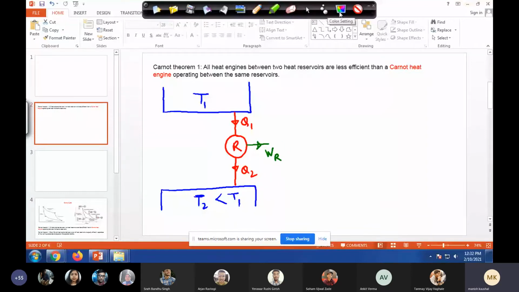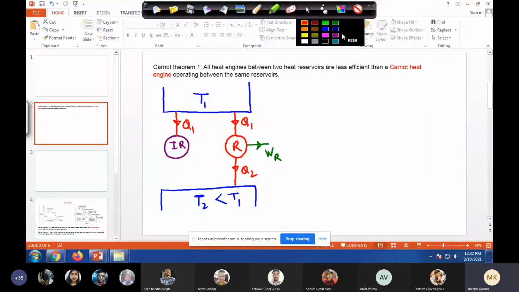Then you take an irreversible engine. Let's take an irreversible engine. So for this I will write IR. This irreversible engine is also taking the same amount of heat, Q1. Okay.